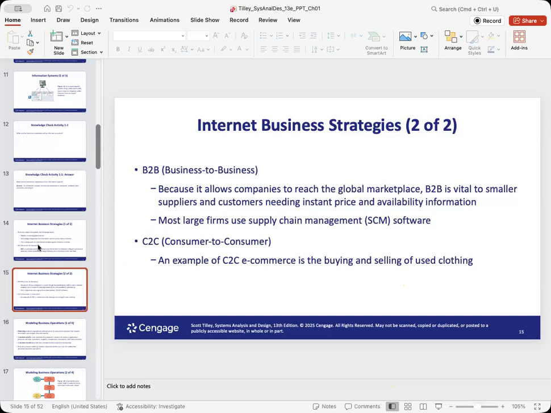And then we have C2C, that is consumer to consumer. An example of a C2C e-commerce is the buying and selling of used clothing. A consumer that already bought a cloth, after using it, identifies that this cloth is bigger than me, and says let me find somebody that could utilize it properly.